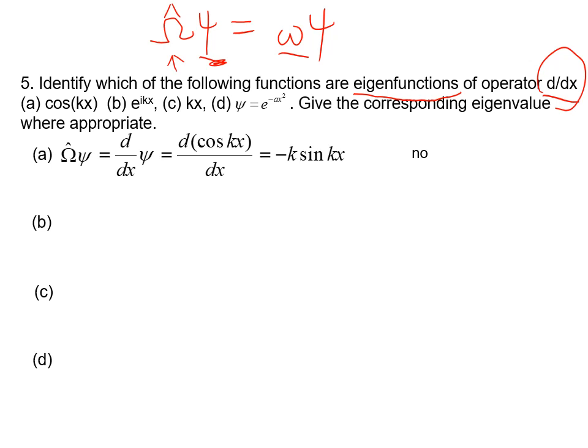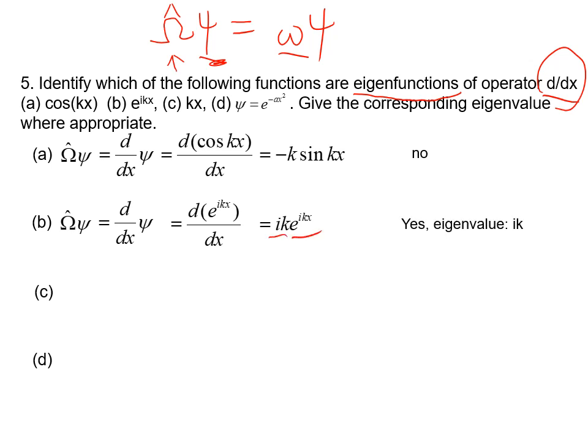Now the next one. Again we use the operator to operate on the function, in this case e to the ikx. When you differentiate e to the ikx, you get ik times e to the ikx. And this does give you the function back times a constant, ik. Therefore, this function is an eigenfunction.